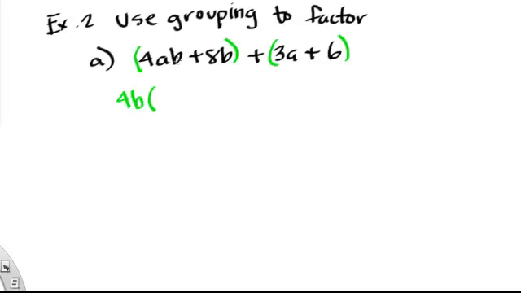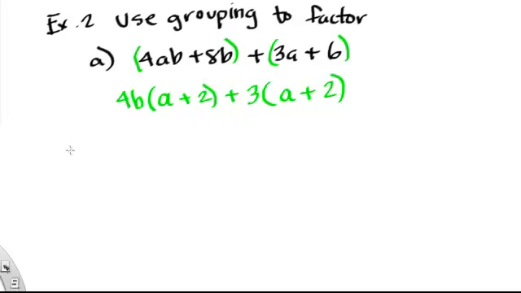When I factor out that 4b from 4ab, all I have is an a. 4ab divided by 4b is a, plus 8b divided by 4b. It's just a 2, plus the second set I can divide it by 3. It's the biggest number that will divide both of them. So 3a divided by 3 is a, 6 divided by 3 is 2.